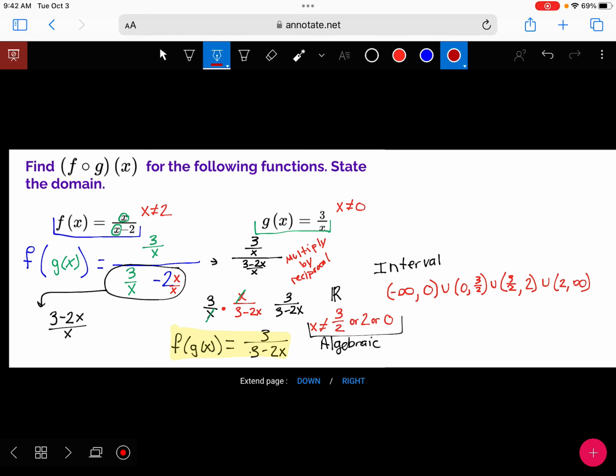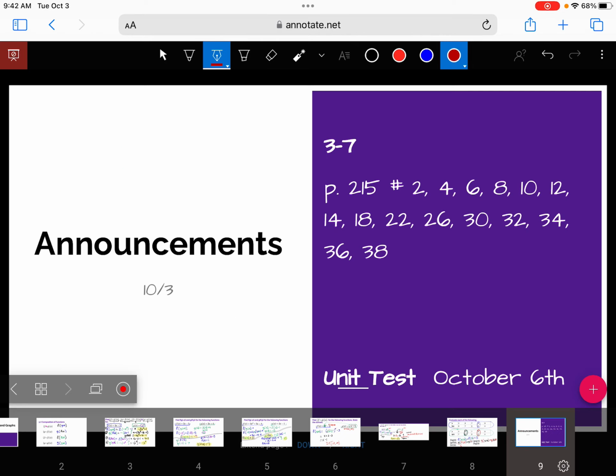Okay? So we have 2 minutes to the end of the period. So there's the homework page with the numbers for 3-7, which you should already have. But y'all get grumpy if I don't post that picture, if I don't put that page up.